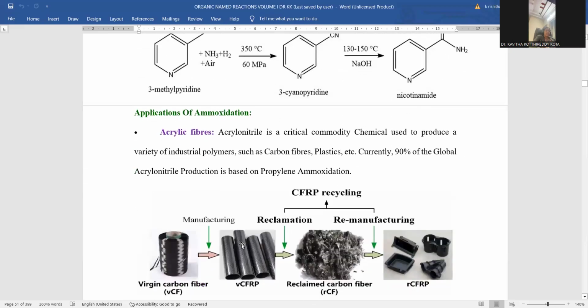Let me go for the application purview regarding this ammoxidation. Applications of ammoxidation: acrylic fibers are manufactured in the industrial process. Bulk scale synthesis is possible by means of this ammoxidation. Acrylic fibers, indicated as acrylonitrile, a critical commodity chemical used to produce a variety of industrial polymers.